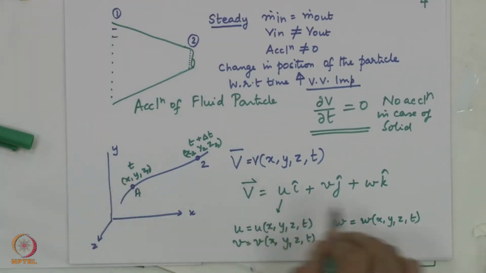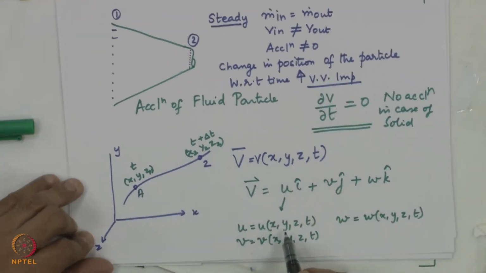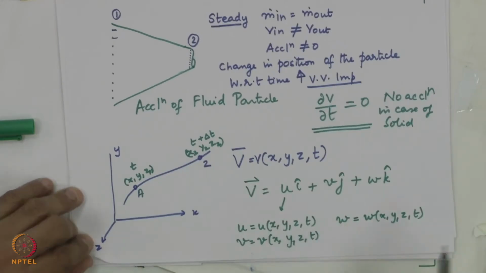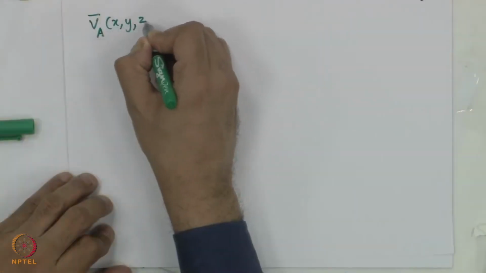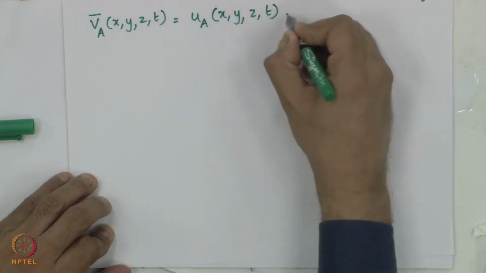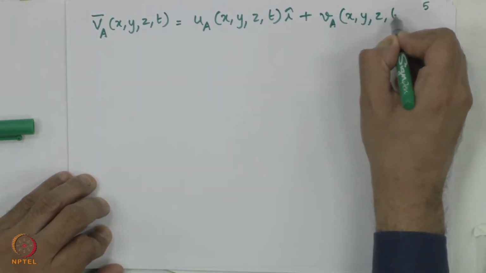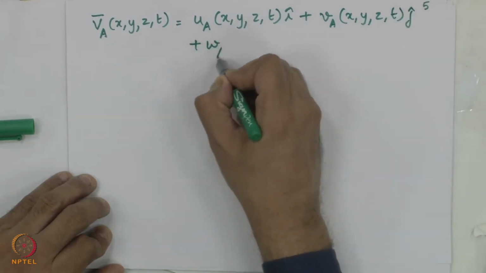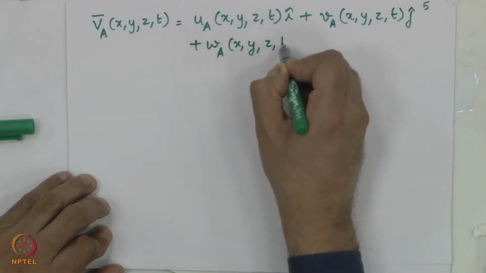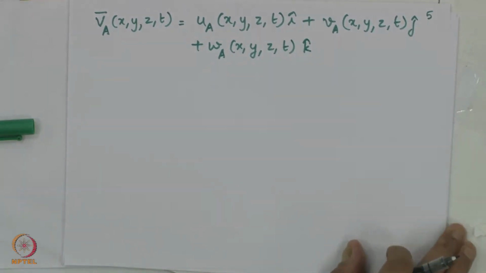We can write this velocity for a fluid particle at position A by giving xA, yA, zA, or x, y, z just for simplicity, and then V of A is nothing but u of A at x, y, z and t i cap plus v of A at x, y, z and t j cap plus w of A at x, y, z and t k cap. This is your velocity at that x, y, z location.